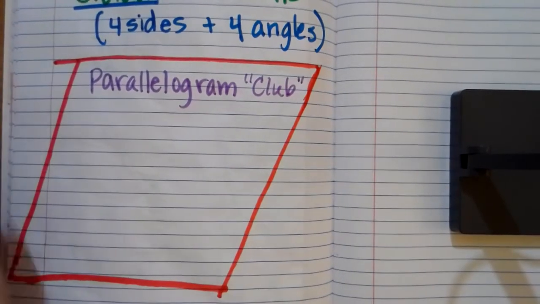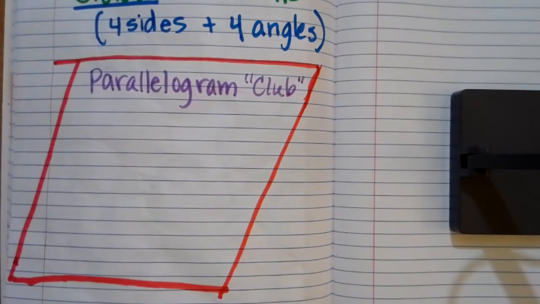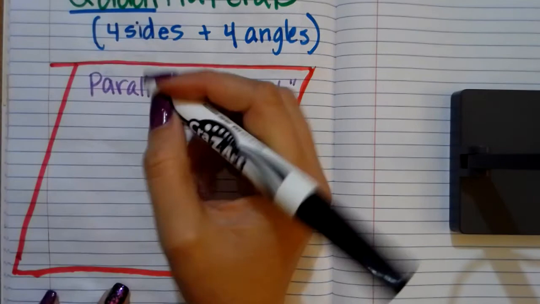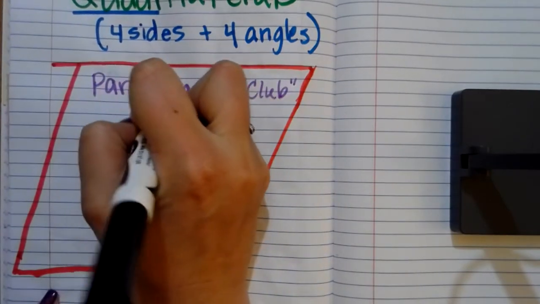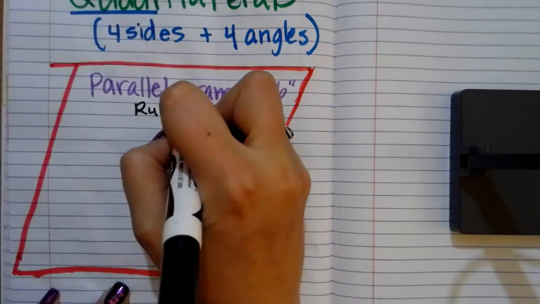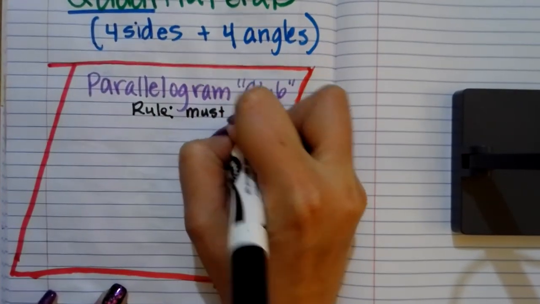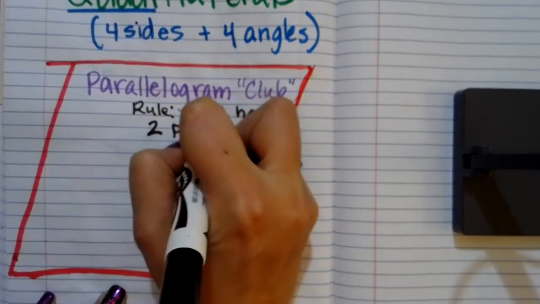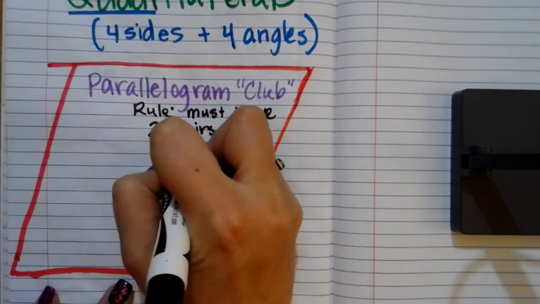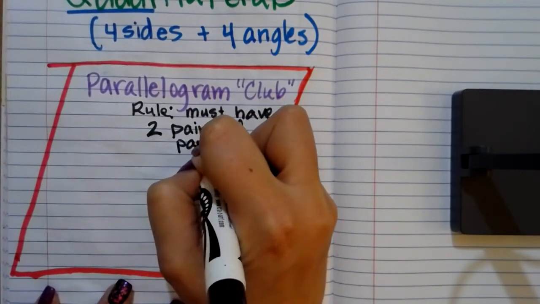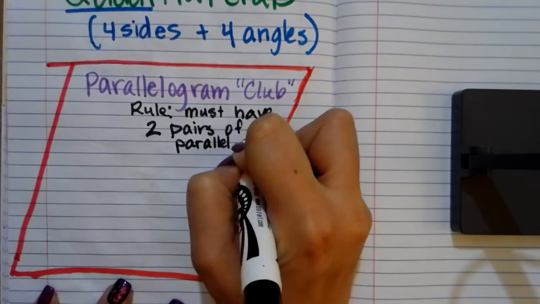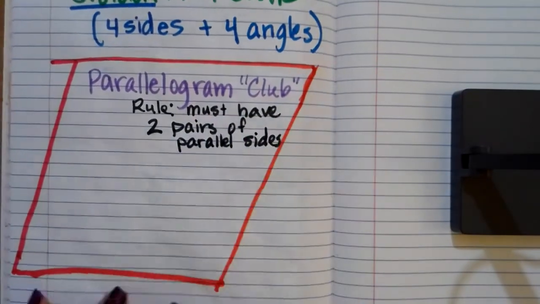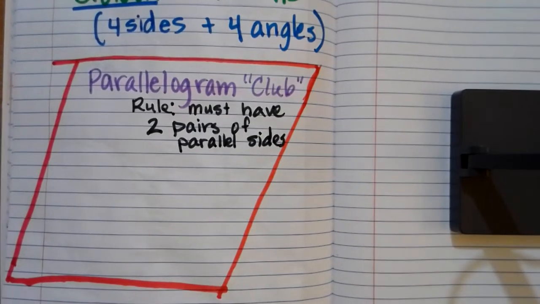Okay, the rule to be in the parallelogram club, you must have 2 pairs of parallel sides. Okay, that's the rule to be in the club. You have rules to be in clubs, right?